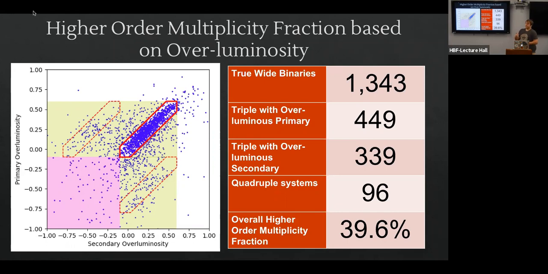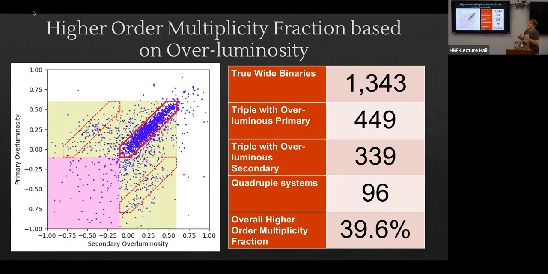Now, this makes no sense to me because there's no physical separation cut here. These pairs range from hundreds of AU to tens of thousands of AU. So there's no reason why this should map to the multiplicity fraction of single stars in any case.